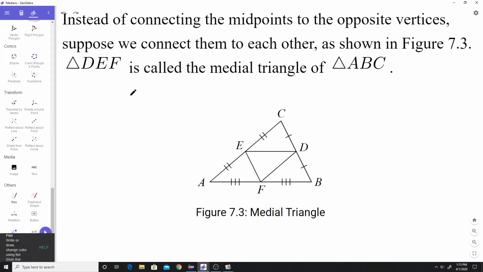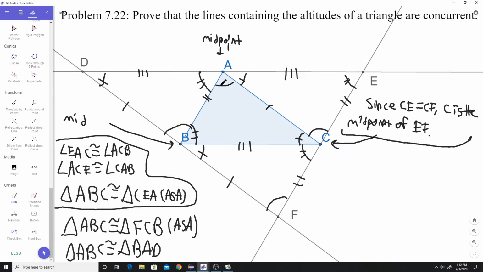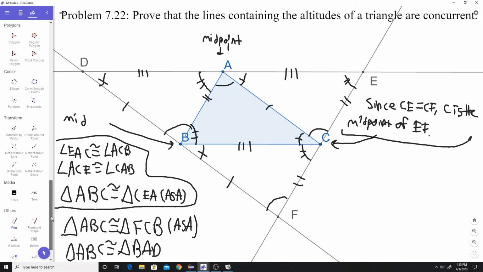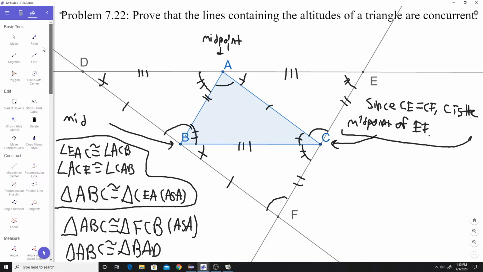What we are doing is connecting the midpoints to each other. So we have connected in our previous diagram all the midpoints of DEF to make another triangle ABC. So ABC is the medial triangle of DEF. Wonderful. So I'm going to clear up the diagram because there's a lot going on.